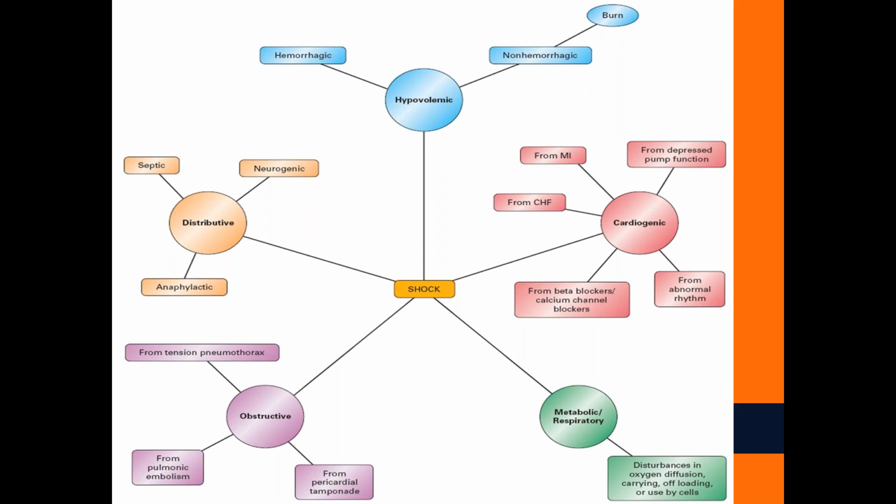So next we'll talk distributive. We have anaphylaxis, neurogenic, and septic. Anaphylactic, we talked pretty good about that when we talked about epinephrine on Friday. What happens in anaphylaxis or anaphylactic shock? Our patient's immune system does what it does every single day. It has identified something as an invader to the body.